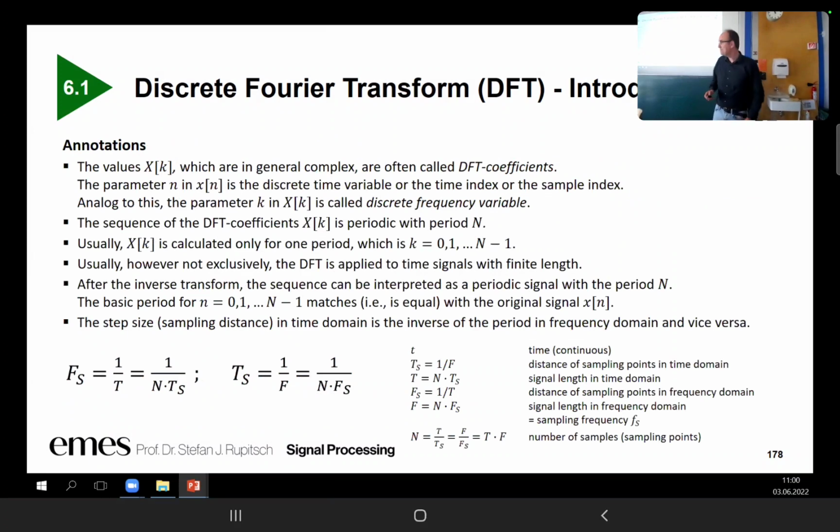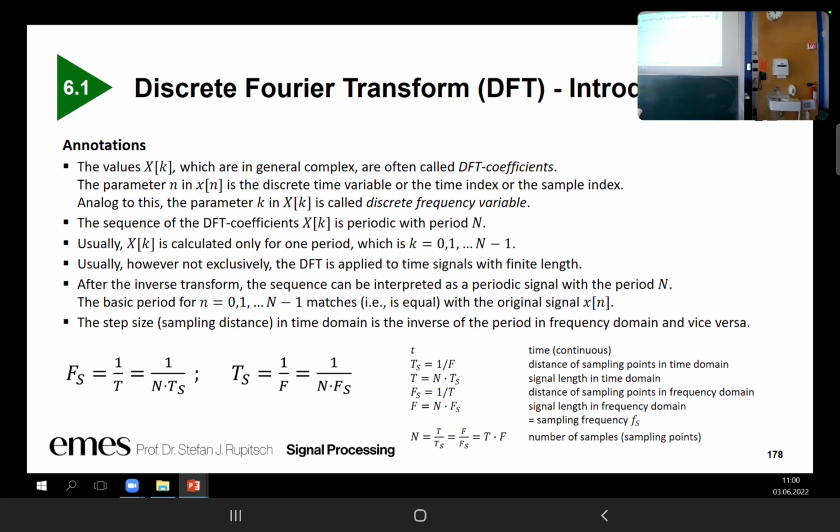Some further points. This is very important. The spectrum is in general a complex number. This means it consists of a real part and an imaginary part. But we always sketch the magnitude, and in the magnitude we have both parts included.